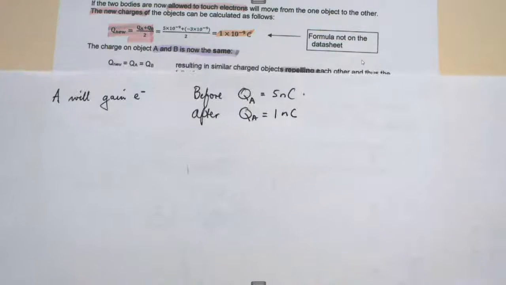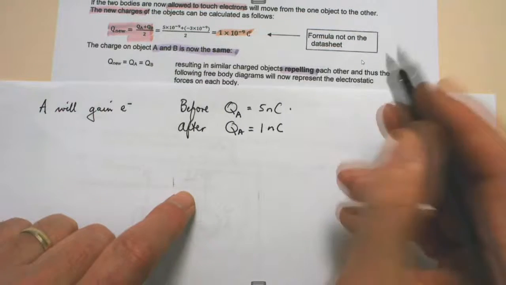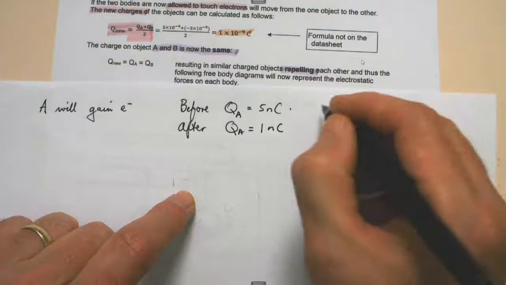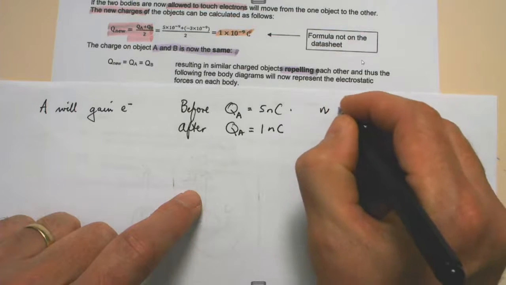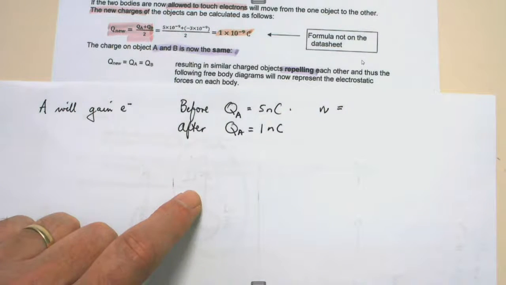All right, so let us see initially how many electrons A had less than protons. I'm going to calculate the number of electrons that it lost, or the difference between protons and electrons.